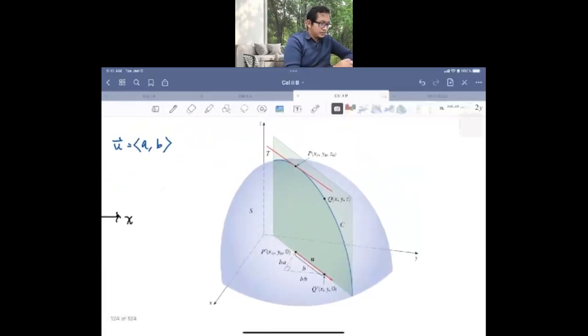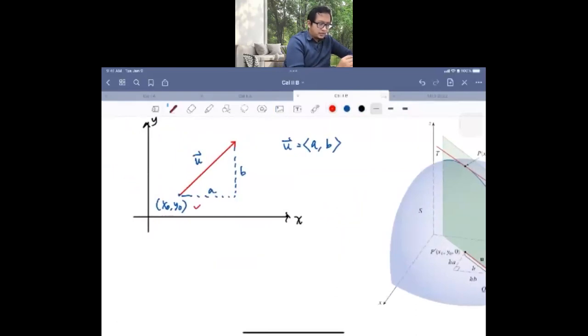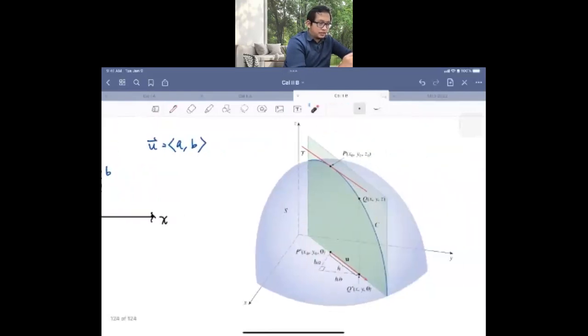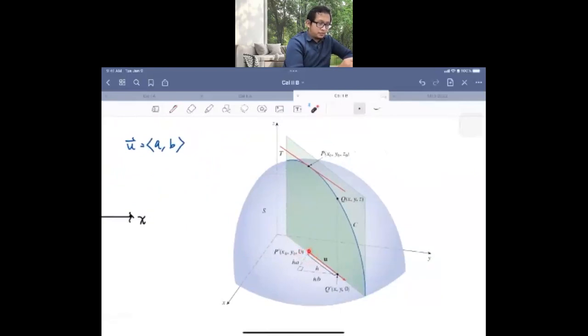This is x0, y0, and the point on the surface is point P. If we move according to the direction of vector u, along the surface the point P will go to Q.